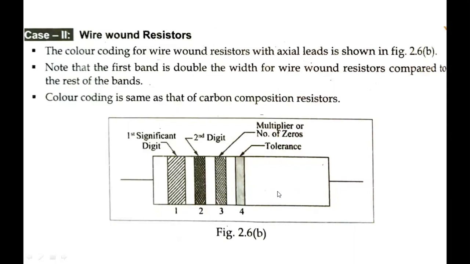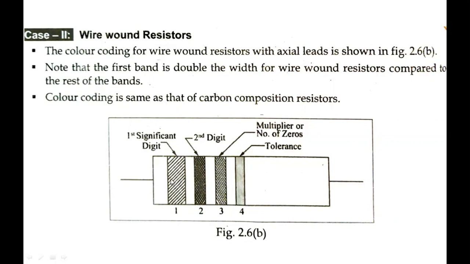Now if you have a wire wound resistor, the color coding for wire wound resistors with axial leads is shown in the figure. This is a wire wound resistor. The first band is double the width compared to the rest of the bands. This is the first band whose width is more compared with the other bands.